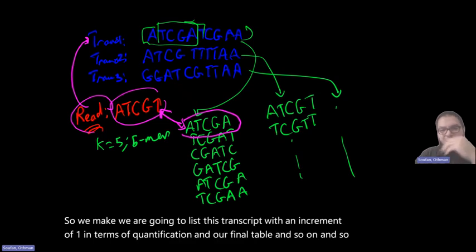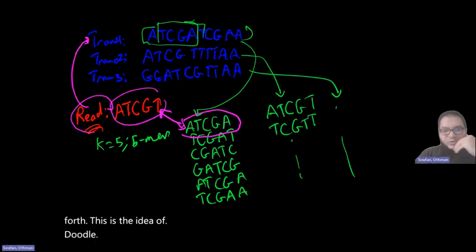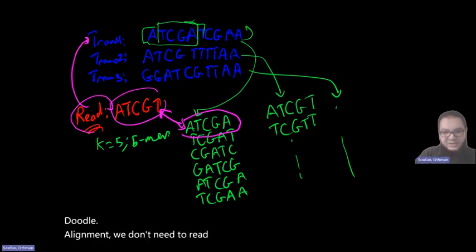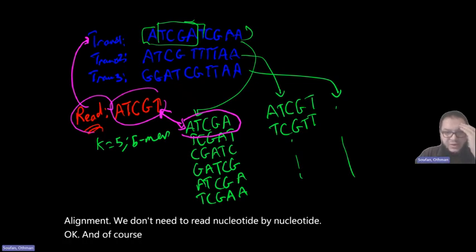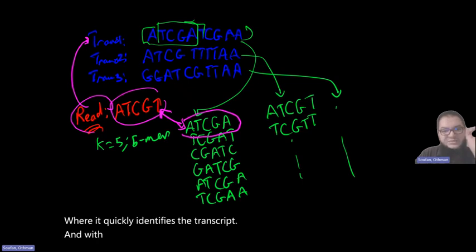This is the idea of pseudo alignment. We don't need to read nucleotide by nucleotide. Okay, and of course in this process it quickly identifies the transcript without again going base by base alignment. We break it down, simplify it.